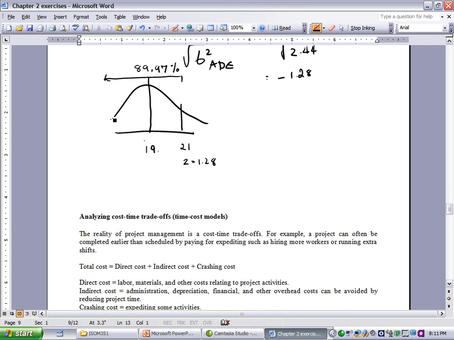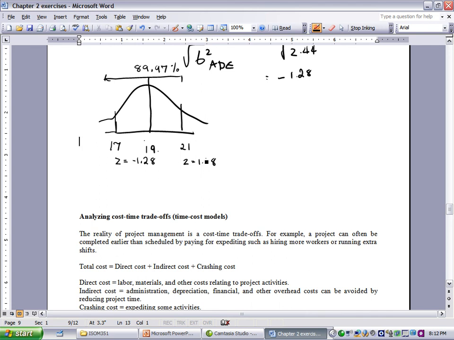We are interested in 17, which is over here. Z will equal negative 1.28, which is the opposite side of the positive Z equals 1.28.